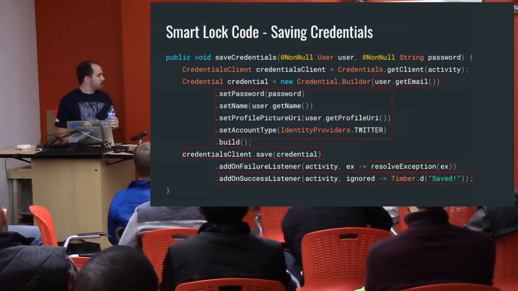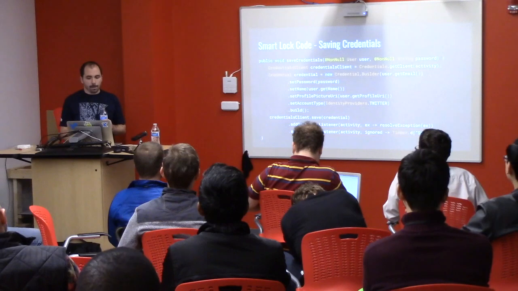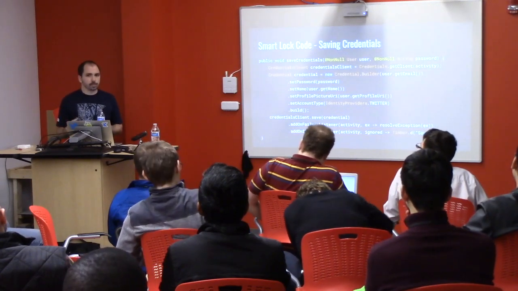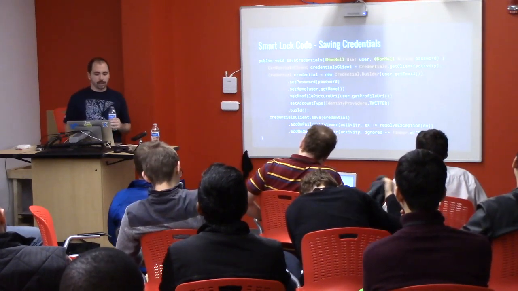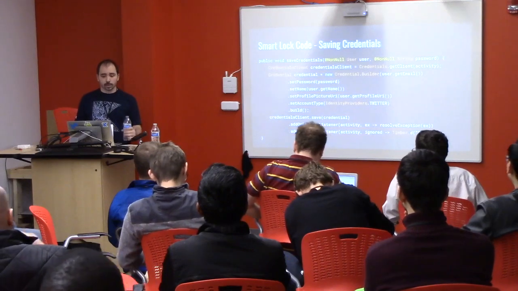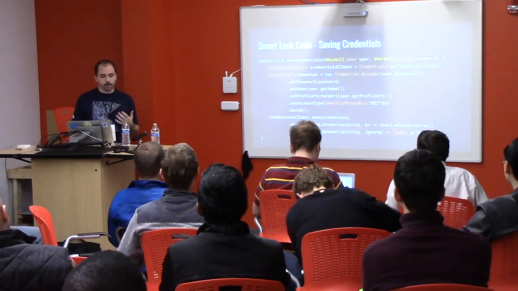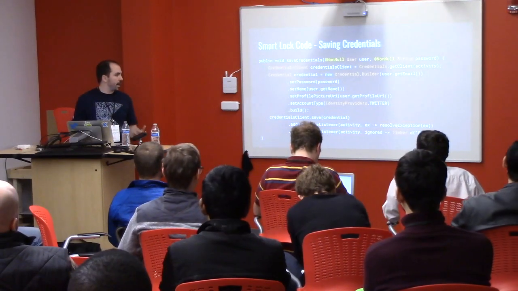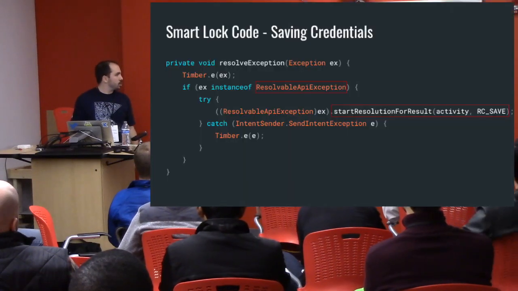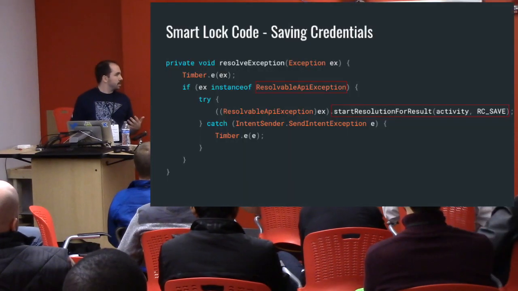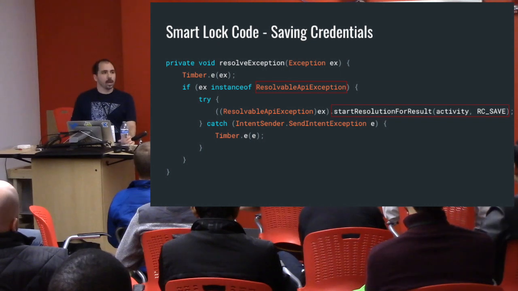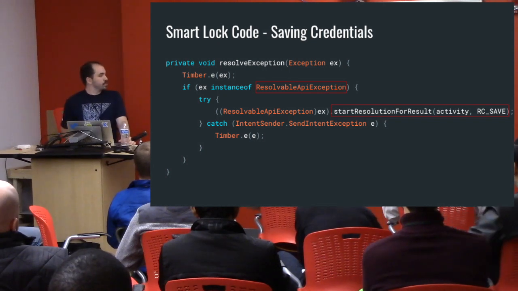And if it succeeds, it'll go into the success block. But when storing credentials, that's probably not going to happen just automatically because you have to get permission to store those passwords. So it'll go into the failure block here, and you'll have to resolve that exception. And to do so, you check to see if it's this resolvable API exception, and then call the start resolution for result.